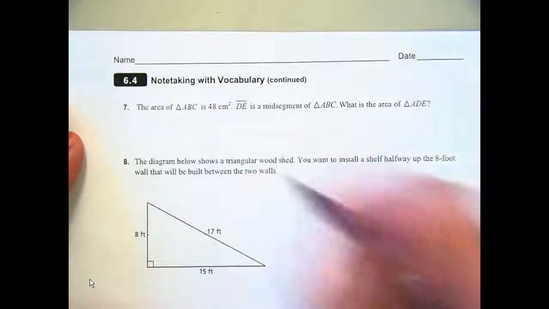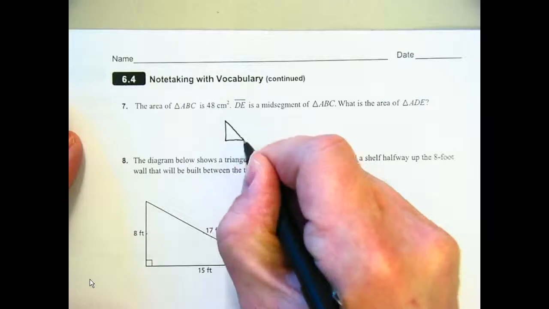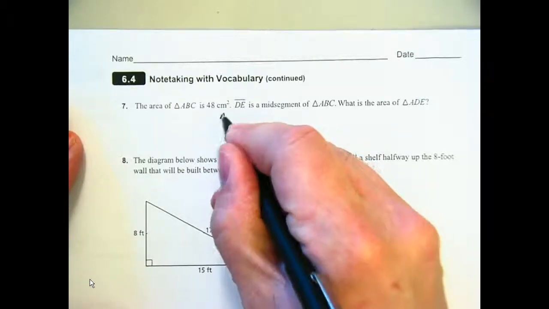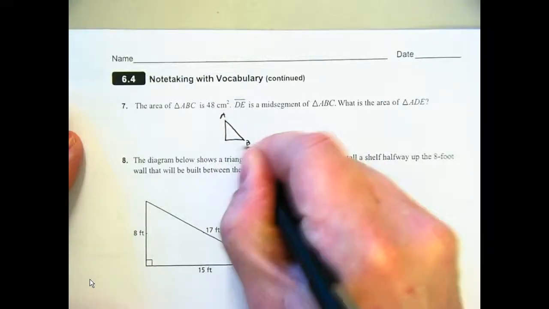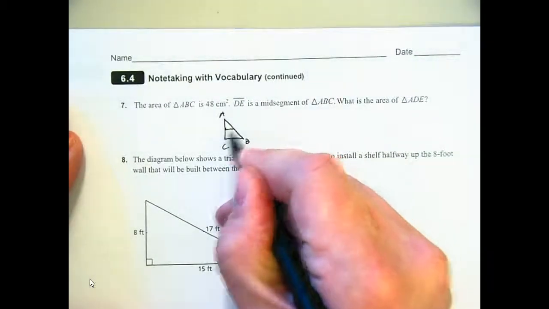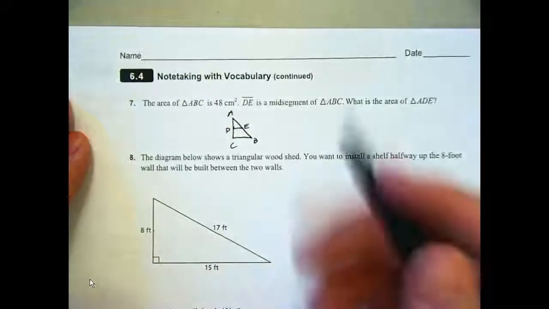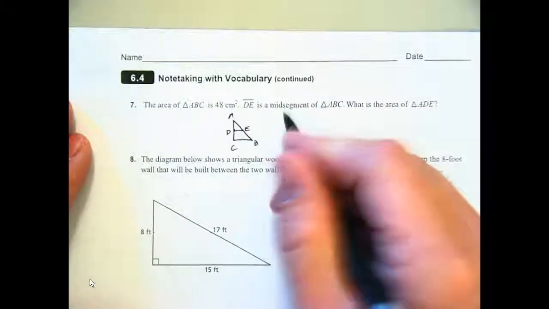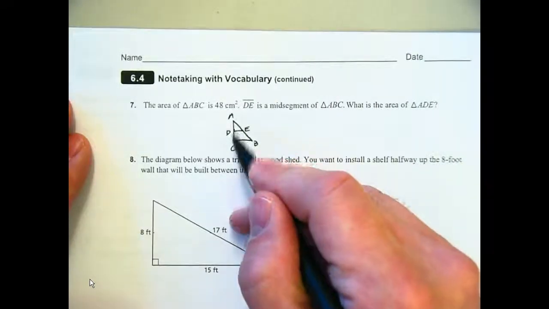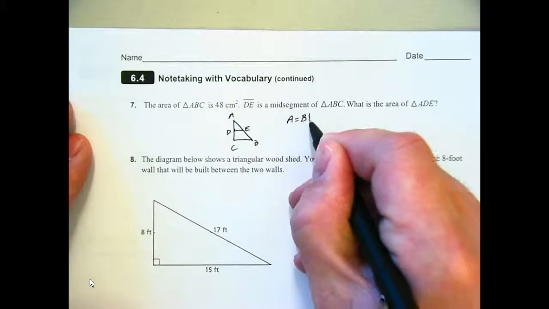If you have a triangle ABC, and DE is a midsegment, and we know the area of the triangle is 48. The area of a triangle is base times height times 1/2.